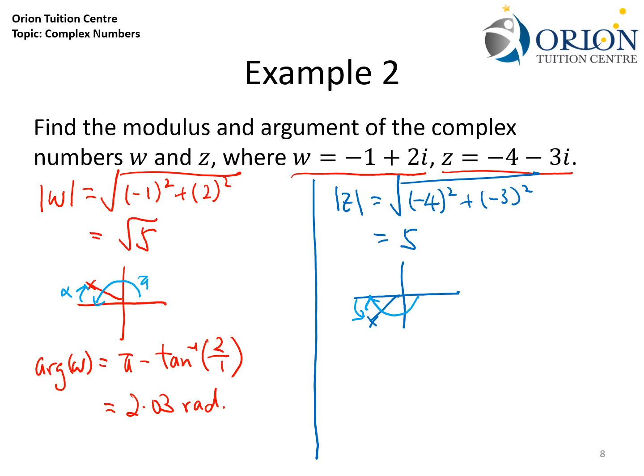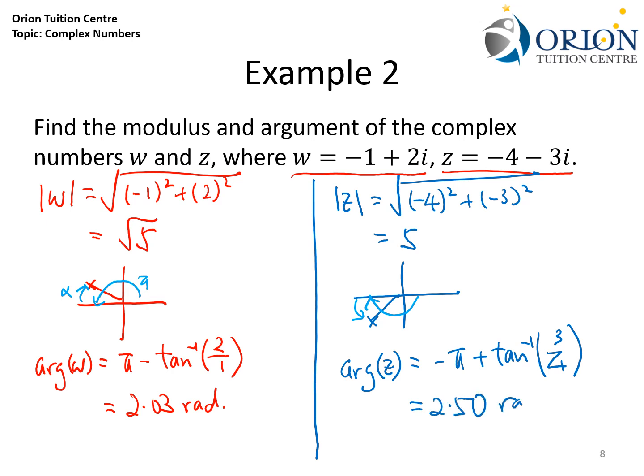So the argument of z will be equal to negative pi plus tangent inverse 3 over 4, which gives us negative 2.50 radians.